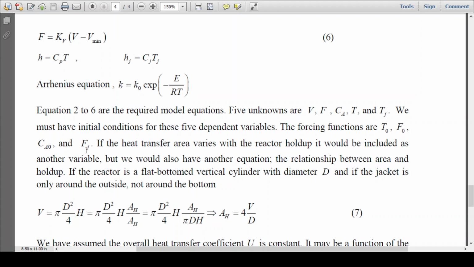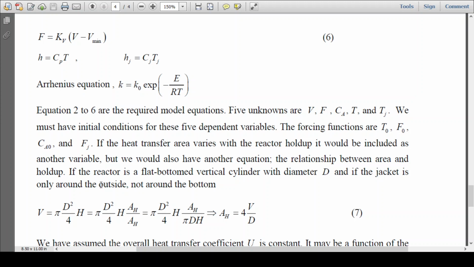We have considered the heat transfer area. Inside the reactor the volume can change depending on the flow rates, so we need the active area for heat transfer. We can calculate it from this equation, considering a flat-bottom cylindrical reactor with diameter d and no jacket on the bottom side.